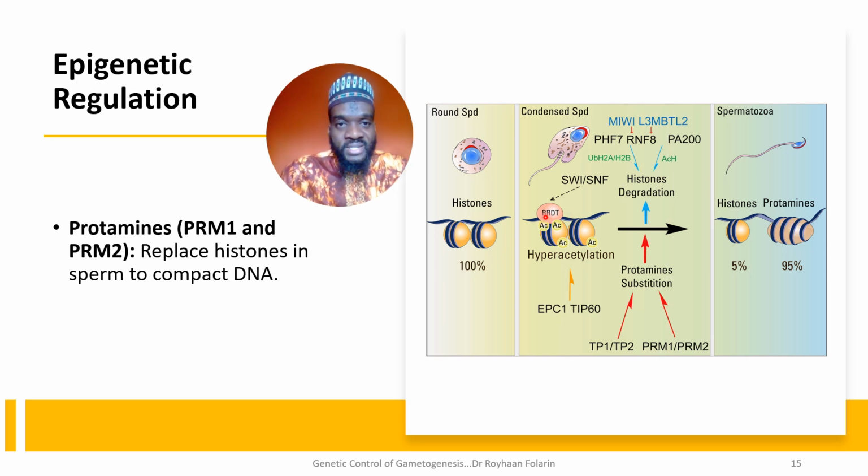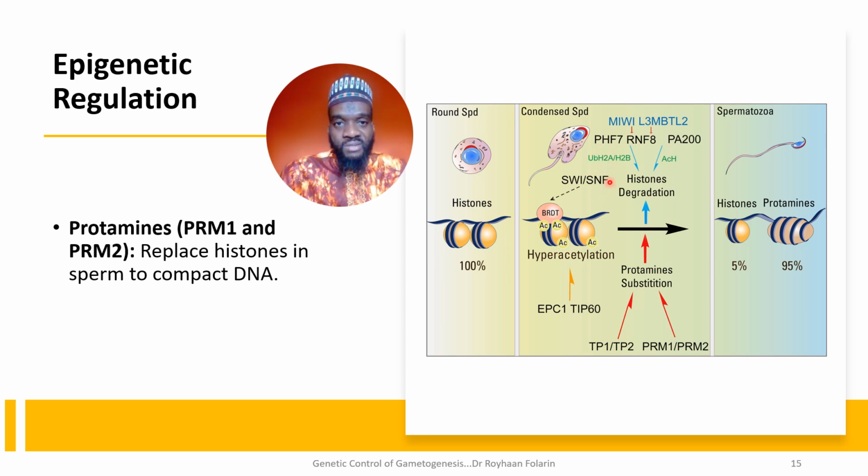So BRDT later on interacts with the SWI/SNF. SWI stands for switch, while SNF stands for sucrose non-fermentable. So the BRDT interacts with this family protein, and then starts the process of histone eviction and replacement by the TPs.